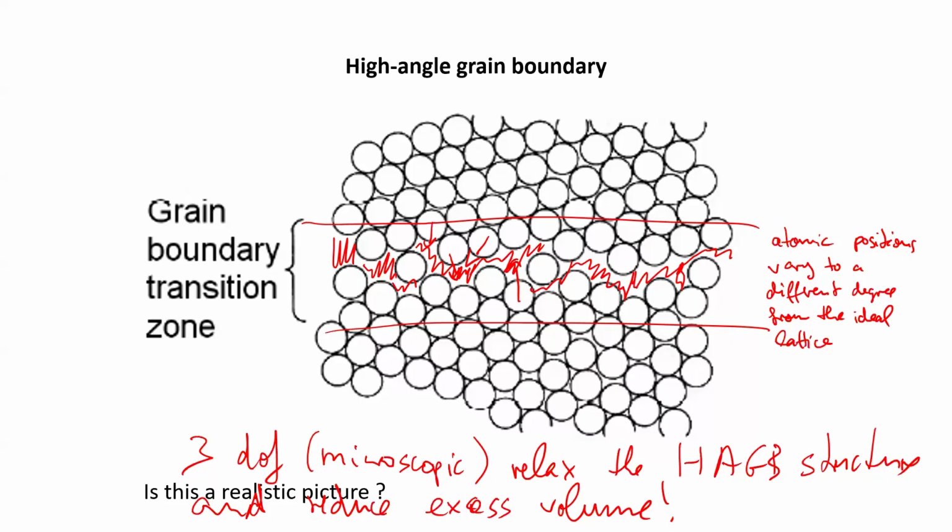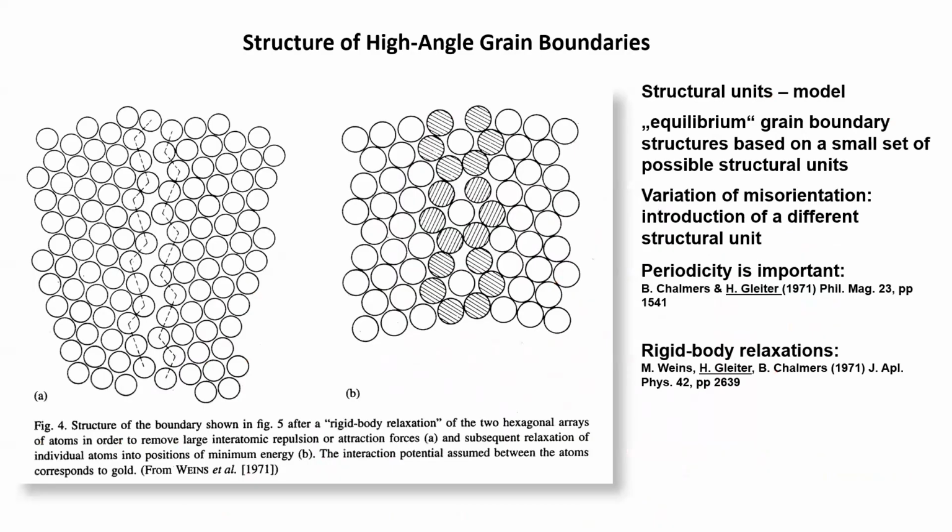Only then the grain boundary structure of high-angle grain boundaries has been built, and then it can be again described by different methods. And these different methods are, for example, the structural units models. They have been very successful, even though they are quite old.